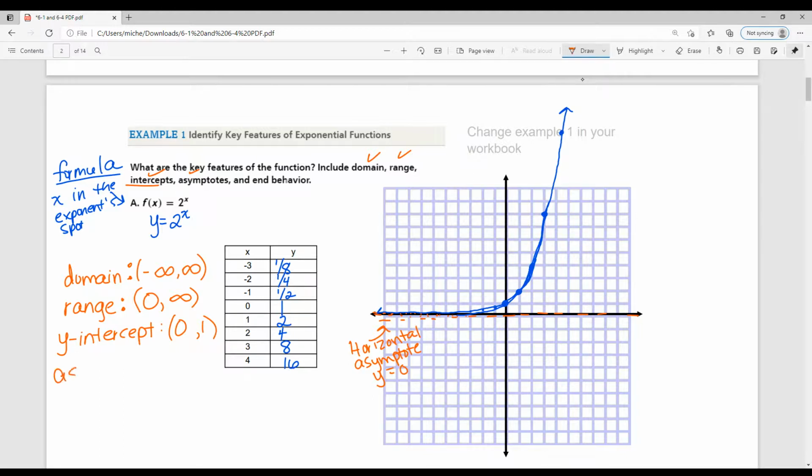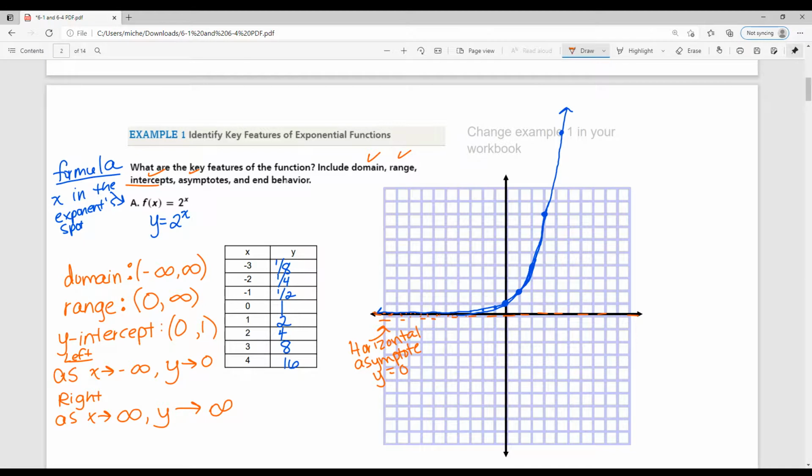On the left side, which is what happens as the x values approach negative infinity, as the x values get really small, the y values approach 0 because they get really close to the x-axis. Then on the right side, as the x values approach positive infinity, the x values are getting really big, the y values are getting really, really big. So the y values approach infinity.